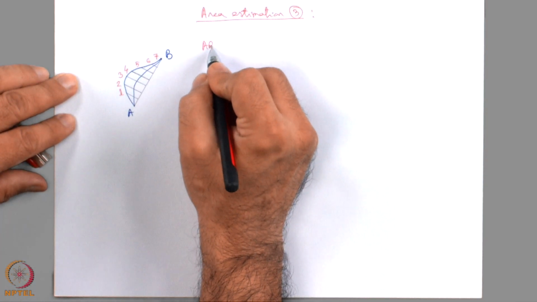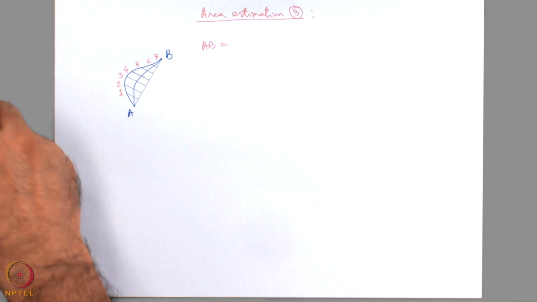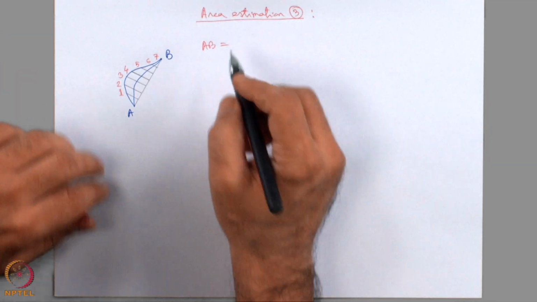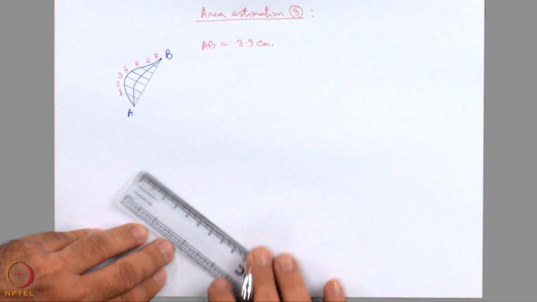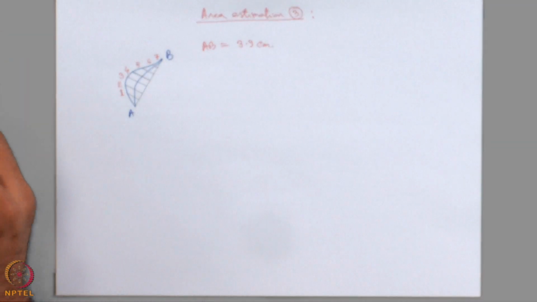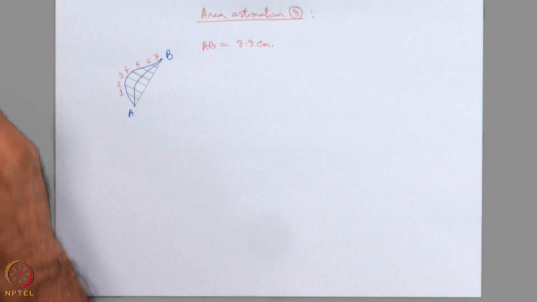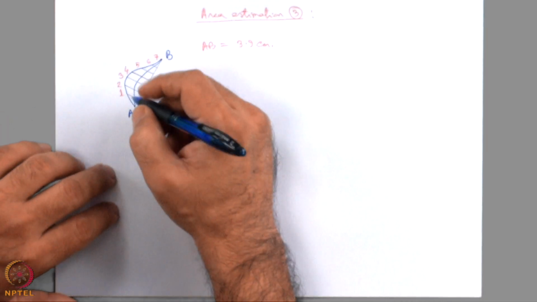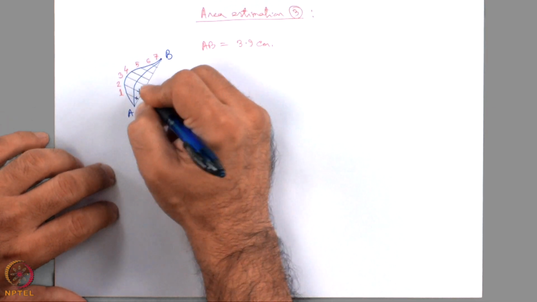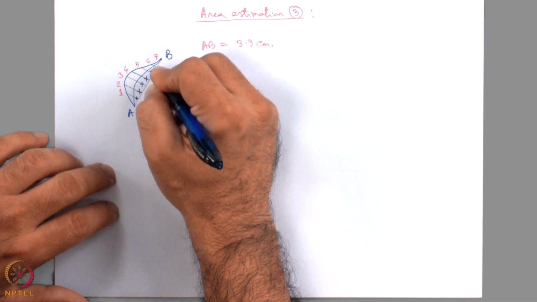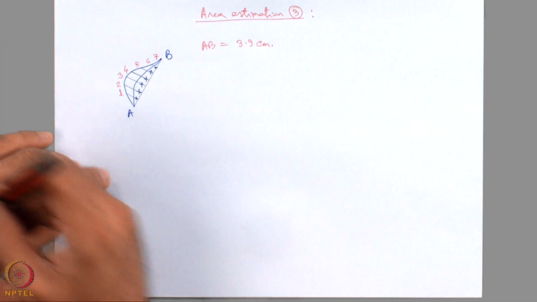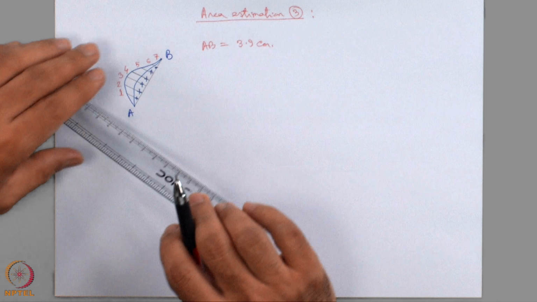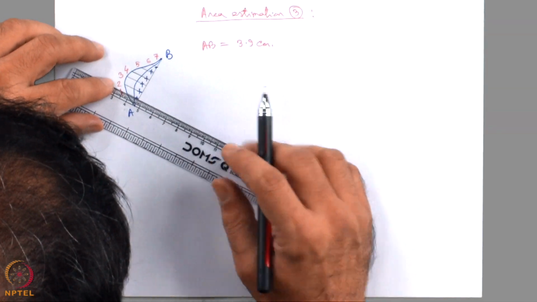The AB line length is 3.9 centimeter. Now, I have to find out the length of these normals bound within the curve. That means, these lengths I will not take into account, and I will measure only those lengths that I am showing by red color.